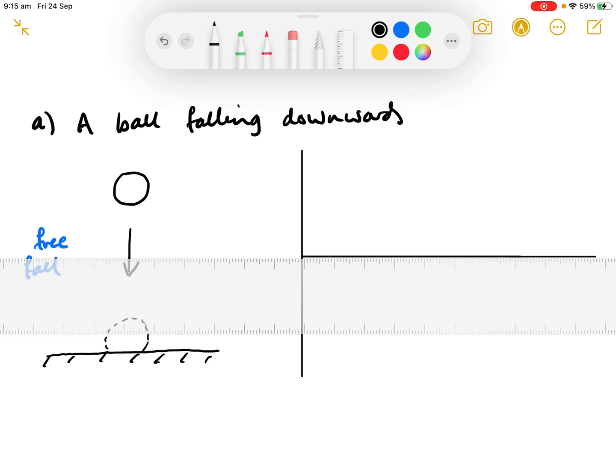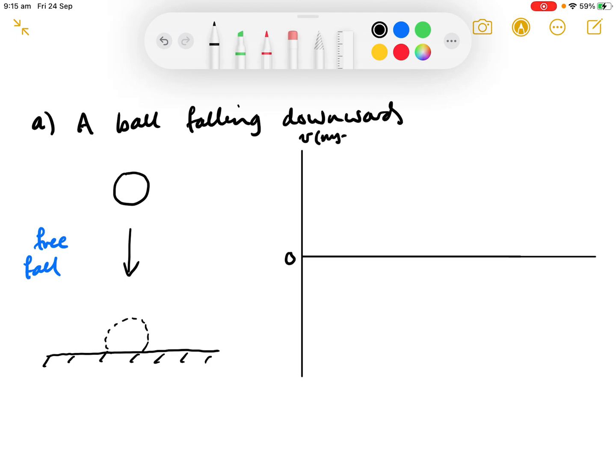Okay. So, always put in your origin, its velocity. Let's always assume this is a velocity time graph unless you're explicitly told that it's speed.